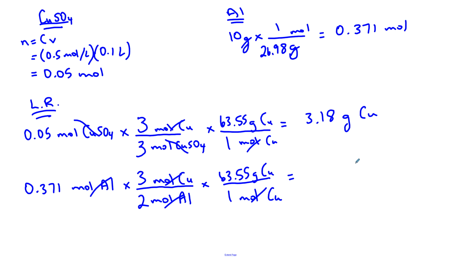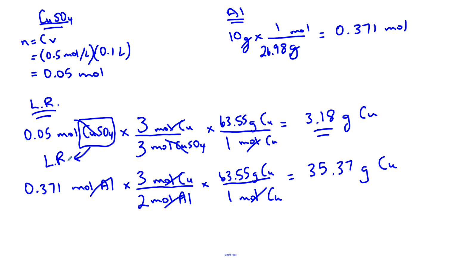Okay, and that one would work out to 35.37 grams. Okay, so significantly less copper is produced by the copper 2 sulfate, which means the copper 2 sulfate is the limiting reactant. And my final statement would be, therefore, 3.18 grams of copper is produced.